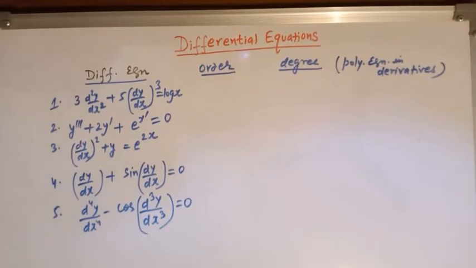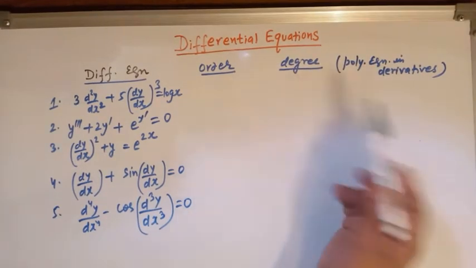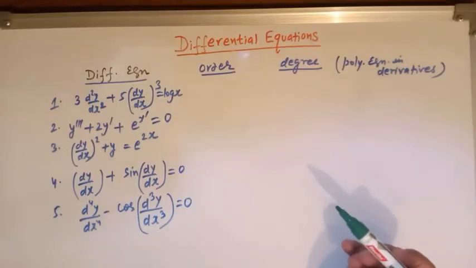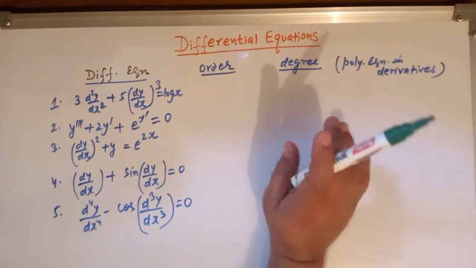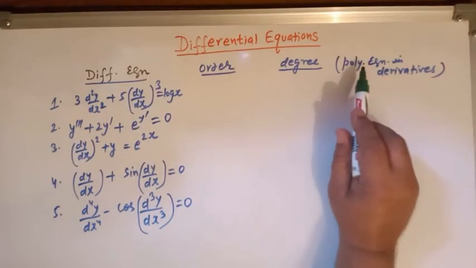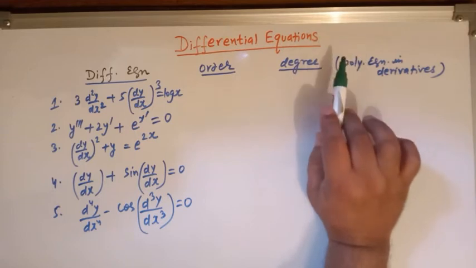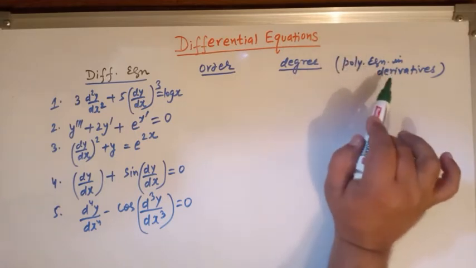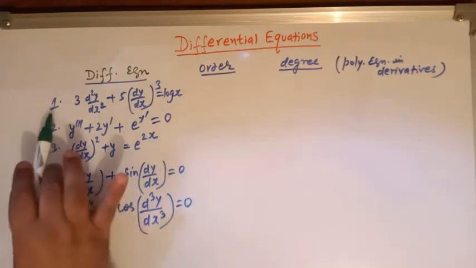Now viewers, let us take these 5 examples to understand how to find the order and degree of a differential equation. Here I would like to mention that the degree of a differential equation is defined only when the differential equation is a polynomial equation in derivatives. Okay, so let us take the first question.